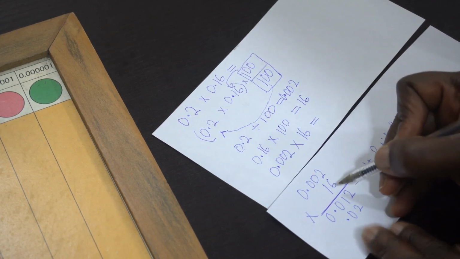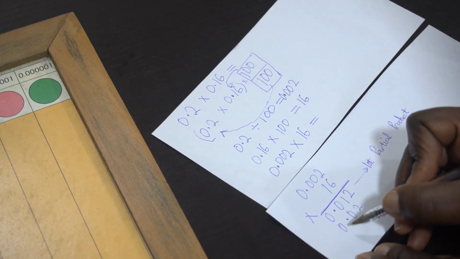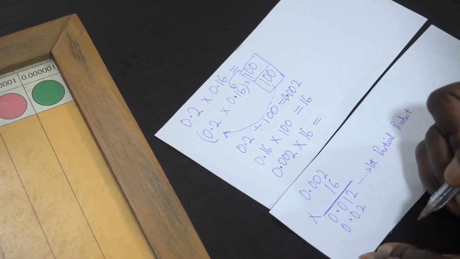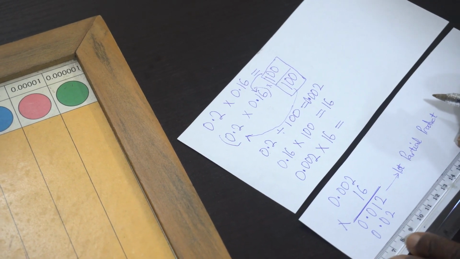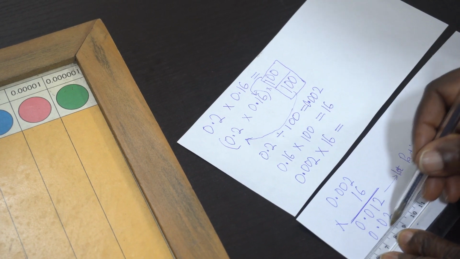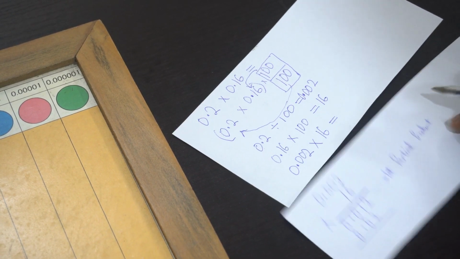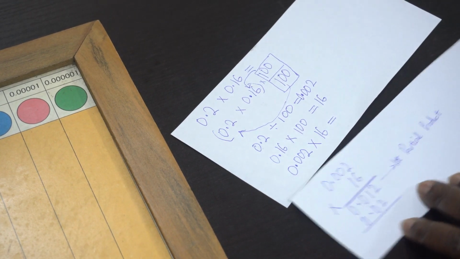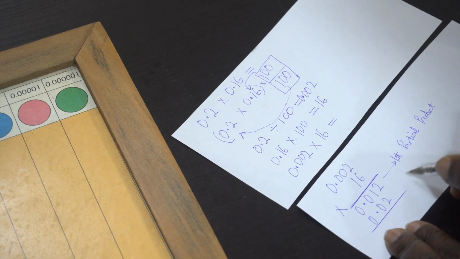And 0 times 1, 0. Now this is our second partial product.